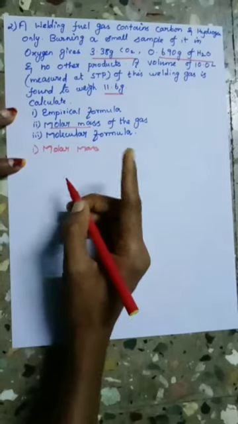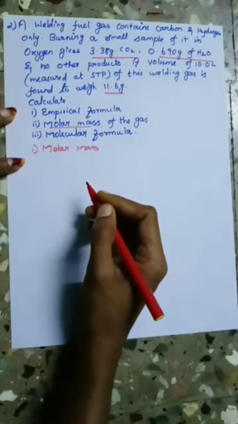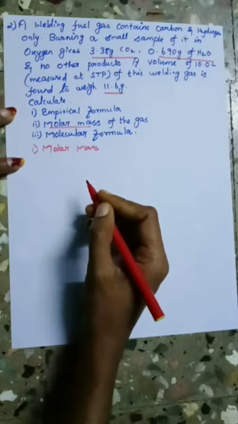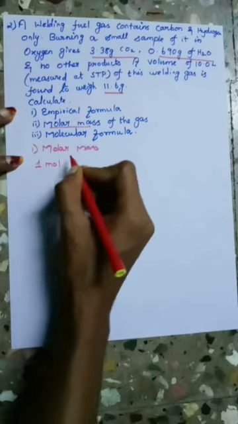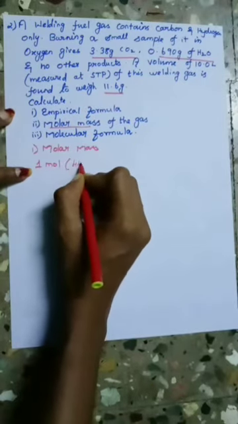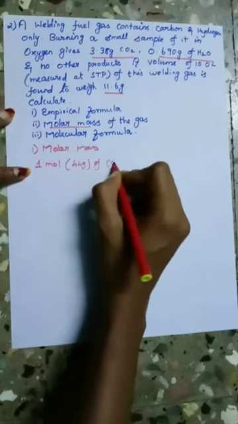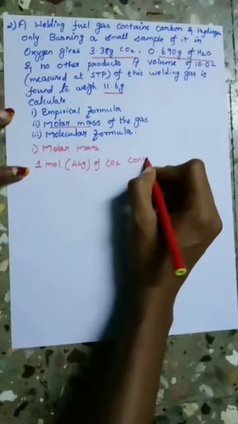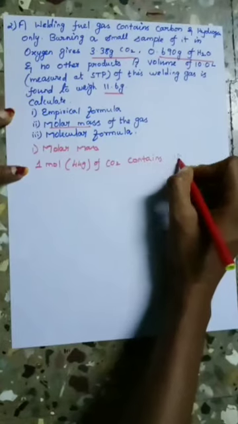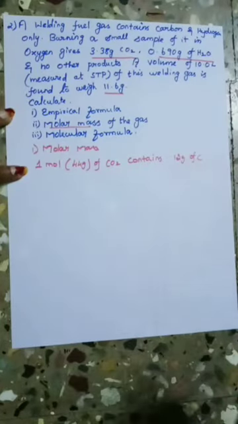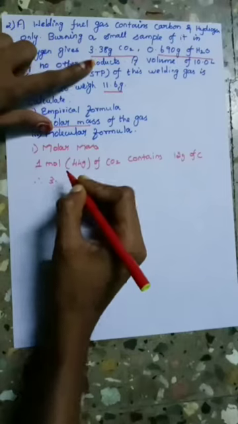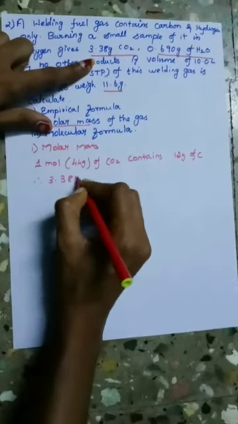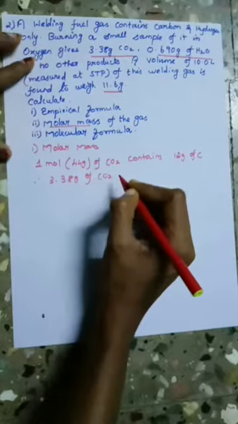So 1 mole of carbon dioxide, that is 44 gram of carbon dioxide, contains 12 gram of carbon, correct? Therefore 3.38 gram of carbon dioxide will contain carbon.